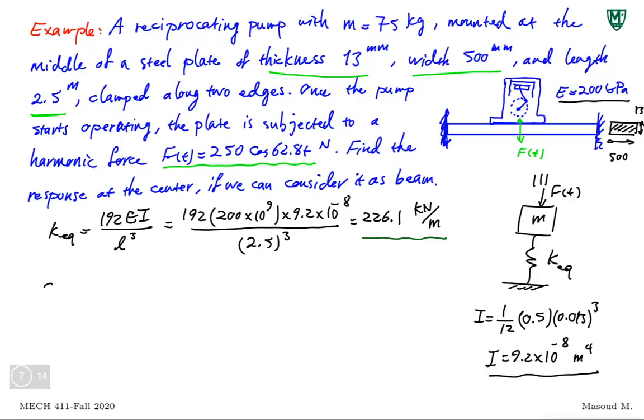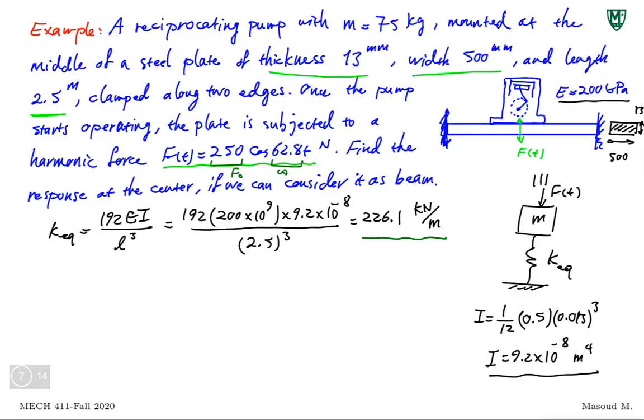If you remember the system response in general, in this case you have to find the natural frequency first and see if the natural frequency is close to the frequency of excitation. The frequency of excitation is 62.8. This is omega, and this is F naught. This is F naught cosine omega t. It's a type of excitation we saw before, the type we used for analysis.